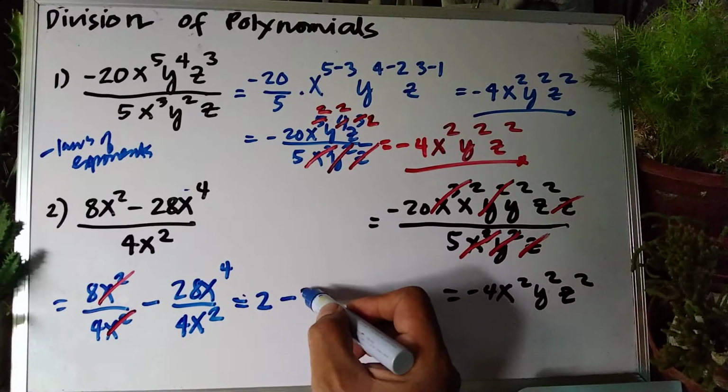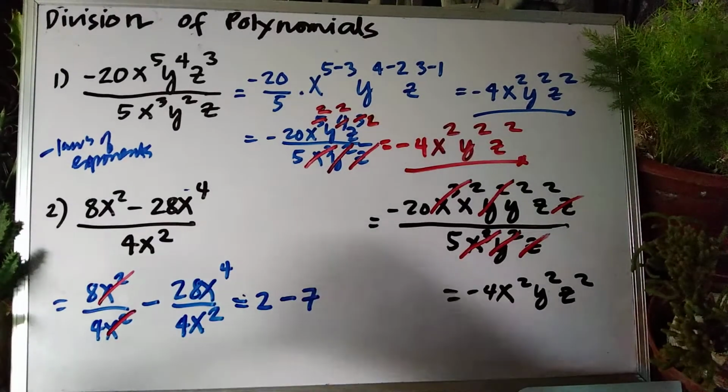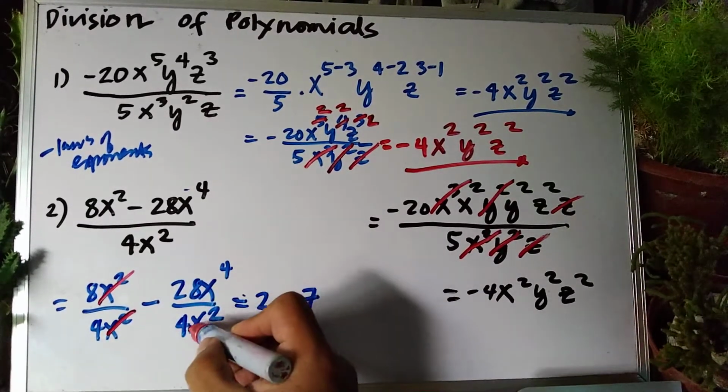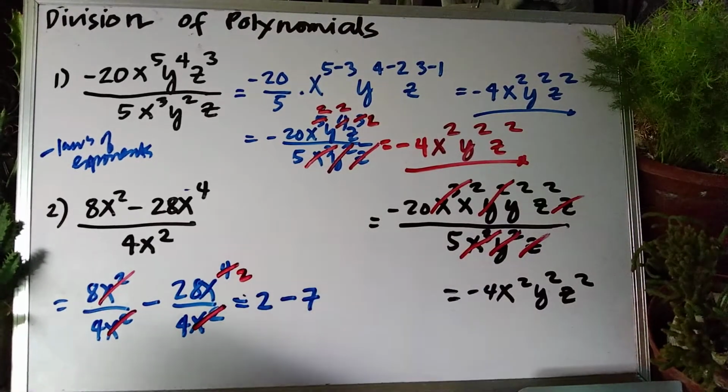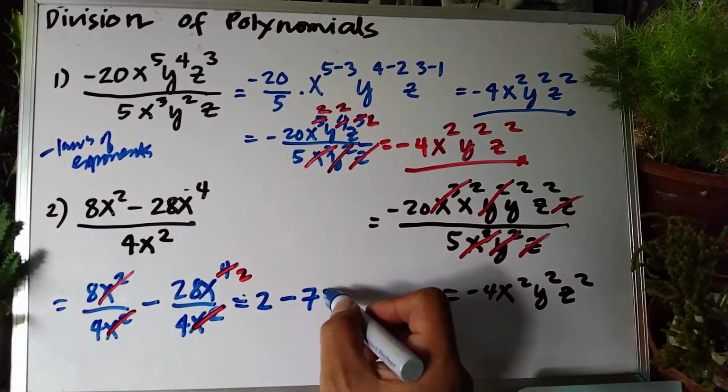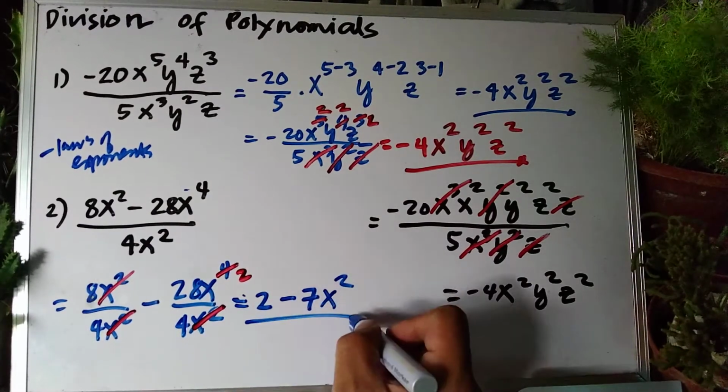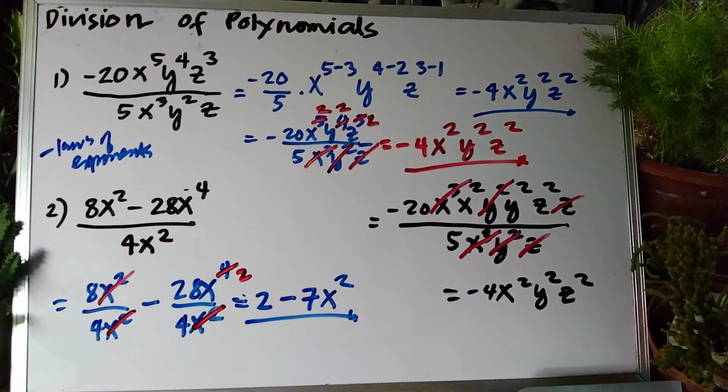You have 7. Then, makancel na po ninyo si x squared. X to the 4th, x squared na lang ang nabilin sa taas. So, you have 2 minus 7x squared. Simple lang siya, no?